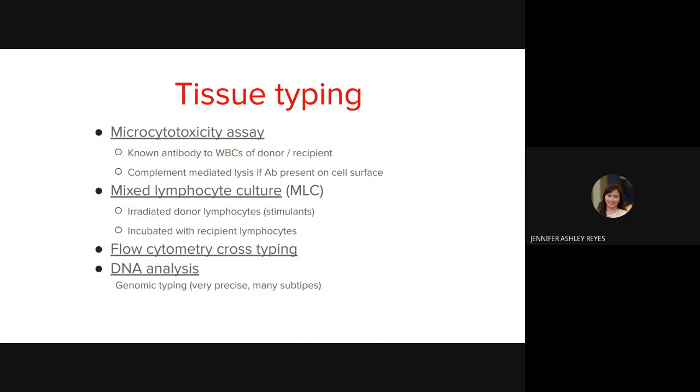Sometimes even when MHC antigens are identical, which will produce a higher possibility of cross-reactivity, it can also cause varying degrees of transplant rejections. And that might be because of minor histocompatibility locus.